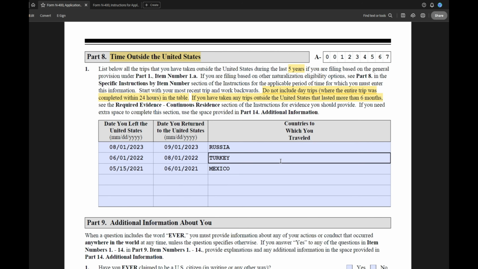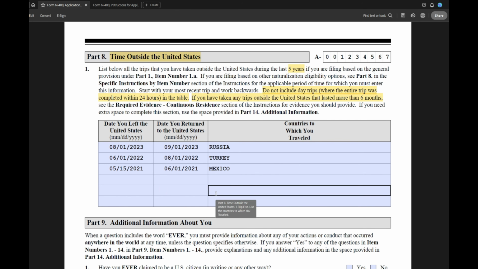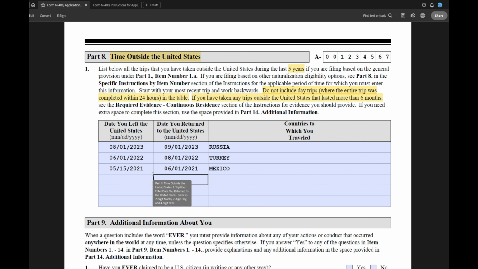So when USCIS begins to calculate the total time she spent outside the United States over the past 3 years, because we're applying based on a 3-year rule, they will only count 2 days of this trip to Mexico, between May 30th and June 1st. And this is because prior to May 30th, Jane was not yet a permanent resident.